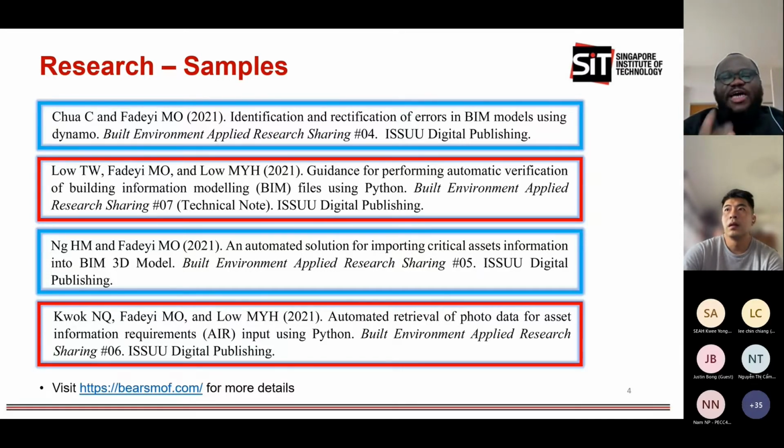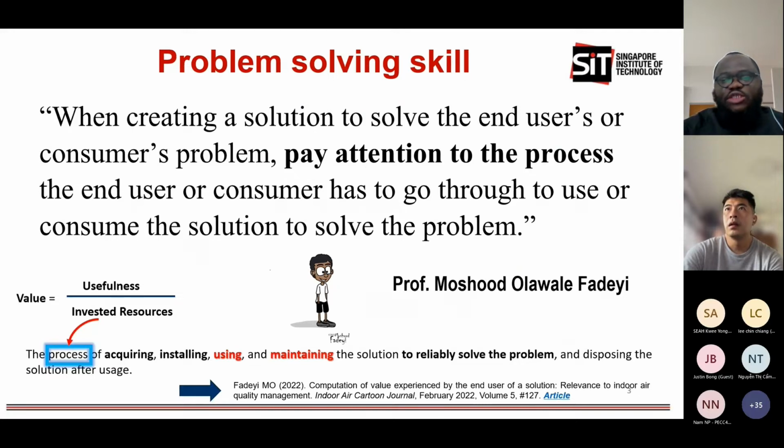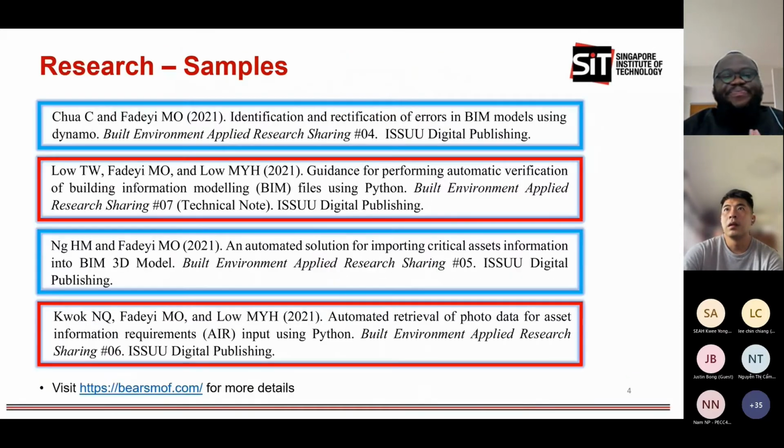I would love to dive into the details of this concept of value is equal to usefulness of our invested resources, but because of time, I won't be able to do so. But I've given you a reference to an article that you can read for you to better appreciate that. I wrote the article in form of a story so that anybody, irrespective of their expertise or area of discipline, will be able to understand the concept very well.